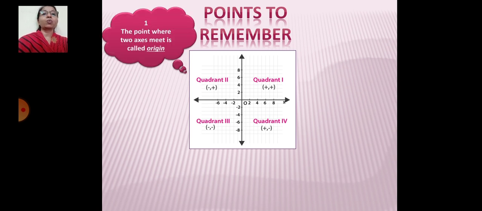Point number 1, the point where two axes meet is called origin. And what are the coordinates of origin? 0, 0. When we denote any point on this plane, we require two coordinates, x coordinate and y coordinate, and we write them in a round bracket.